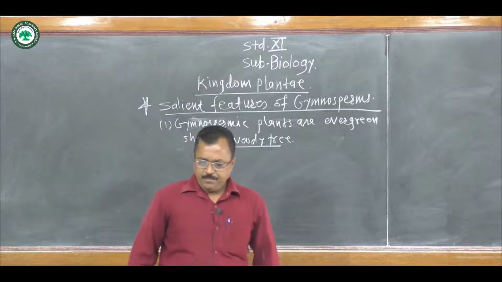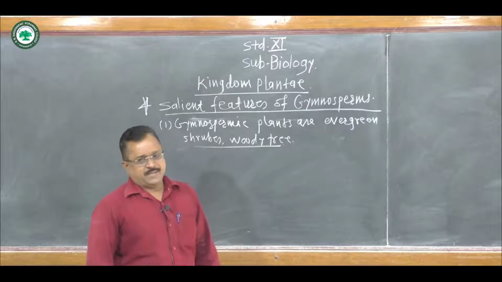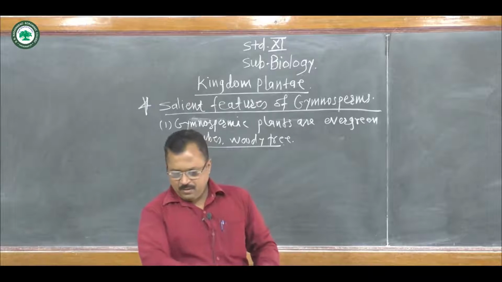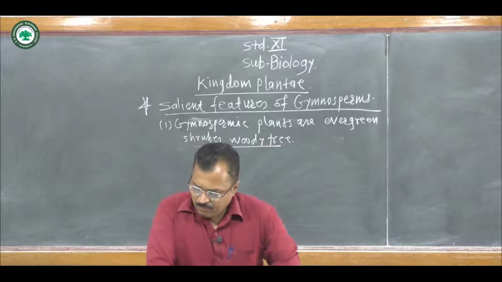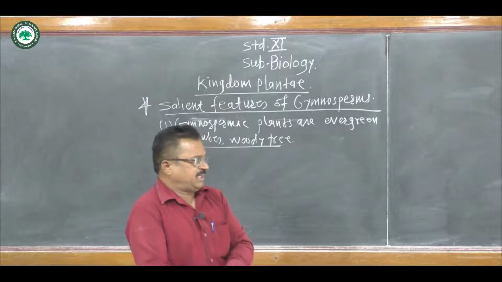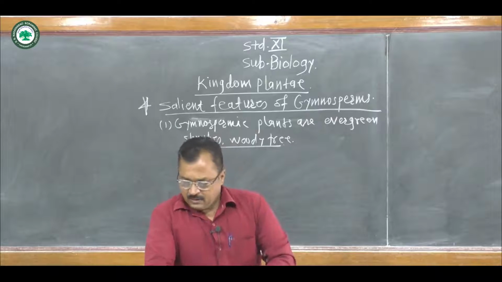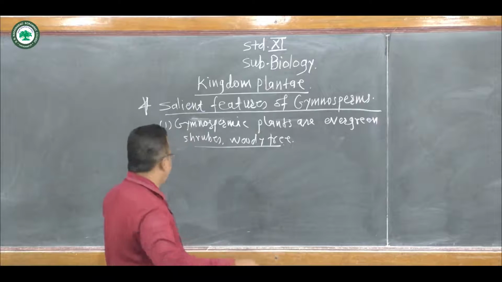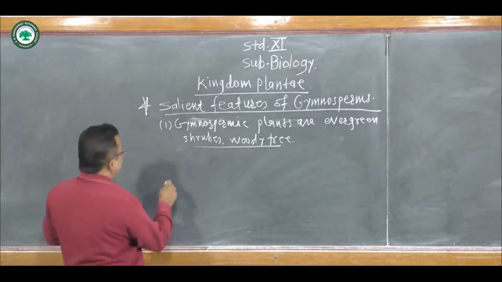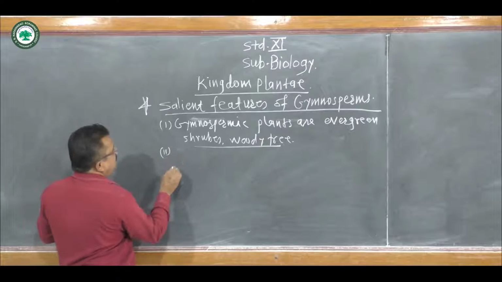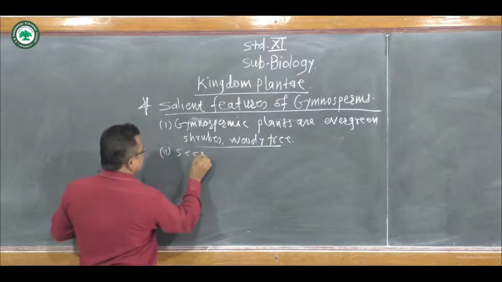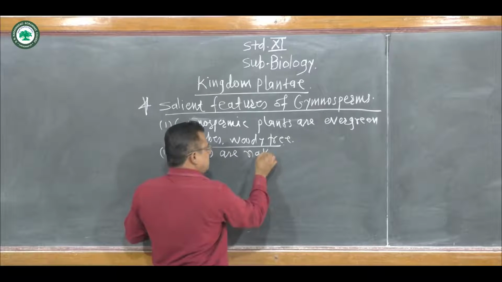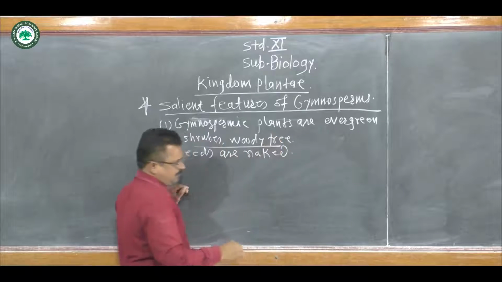These are a primitive group of flowering plants. Gymnosperms are a primitive group of plants producing naked seeds. Seeds are not covered by fruit, meaning without fruit formation, the seeds are naked.